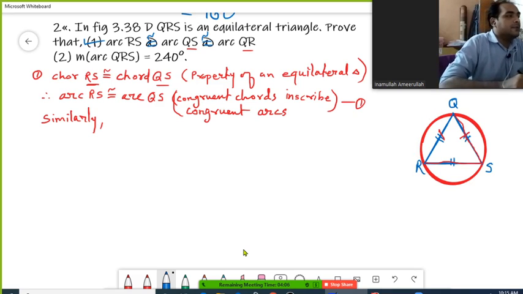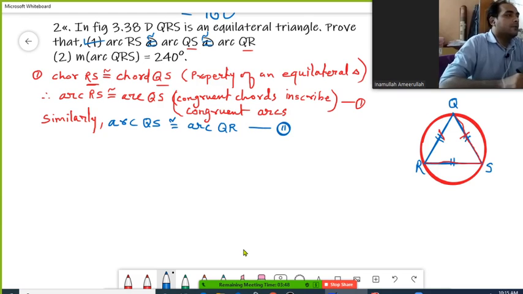So similarly, we can prove that arc QS is congruent with arc QR, and this will be your second proof.